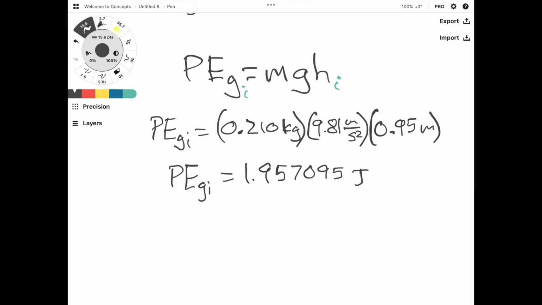Kilograms times meters squared over seconds squared, or a Newton times a meter, is a joule. That really should be 0.950. I'm going to round this to 3 sig figs. So my potential energy due to gravity initial is equal to 1.96 joules. Okay. So back to the computer.